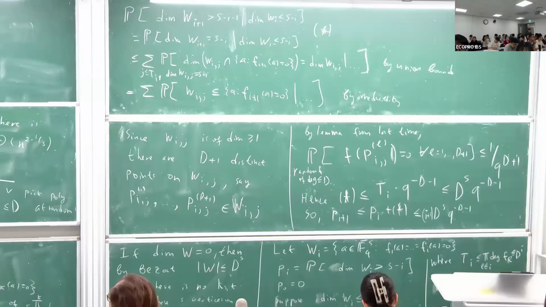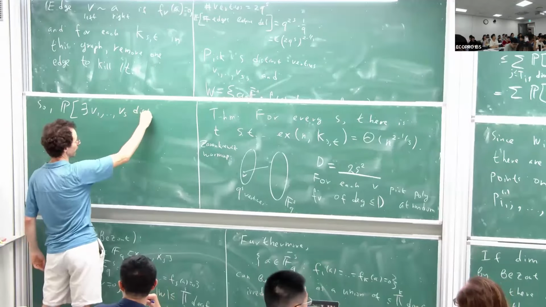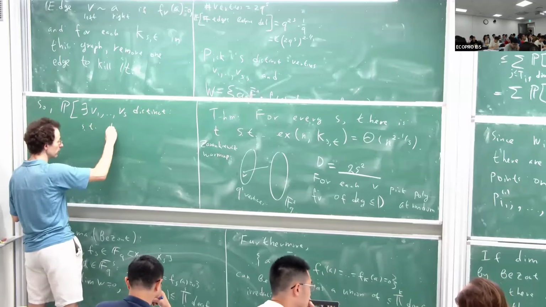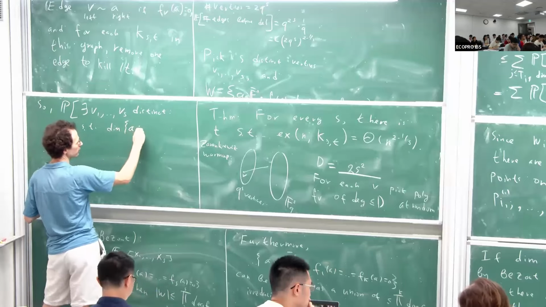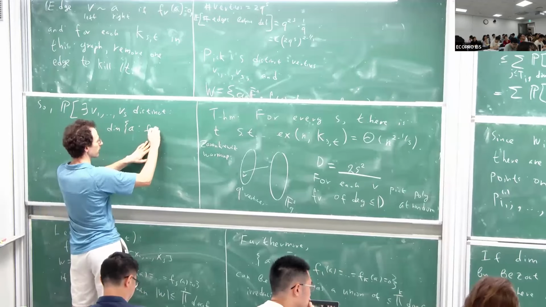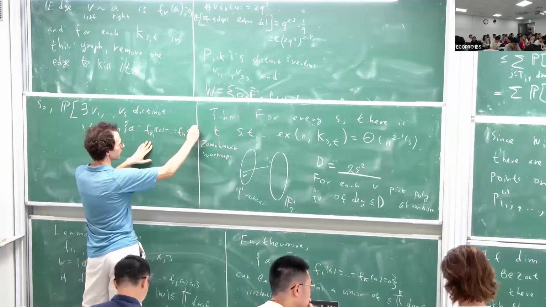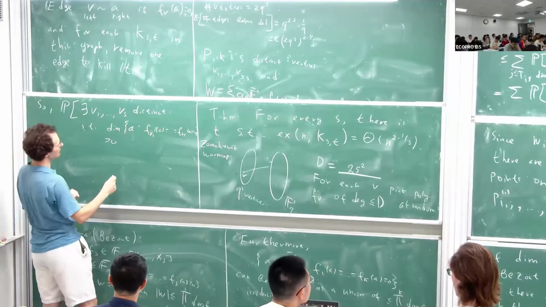So the probability that there exist S vertices such that the dimension of the variety which they cut out, that's V1, the probability the dimension of this is bigger than 0, so there's a bad S tuple.